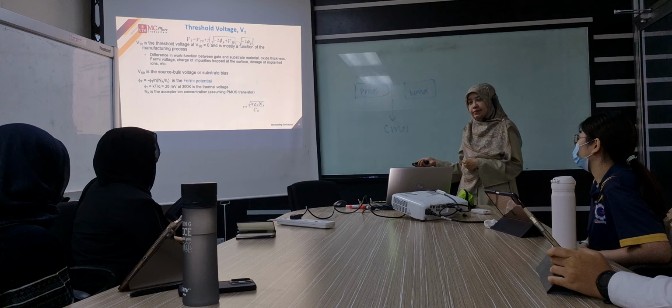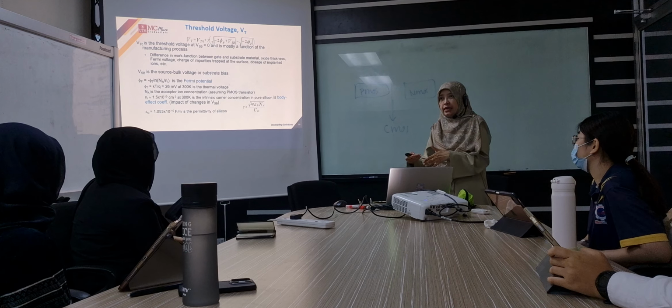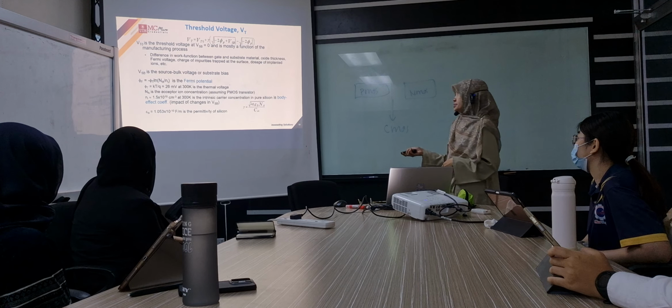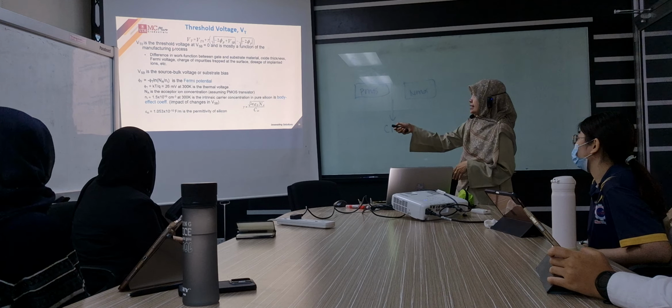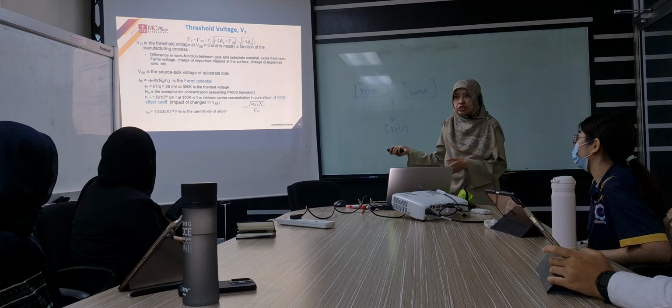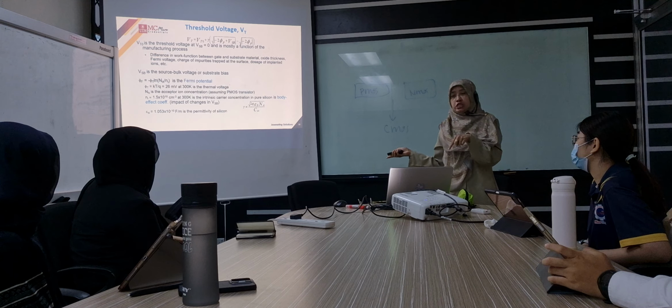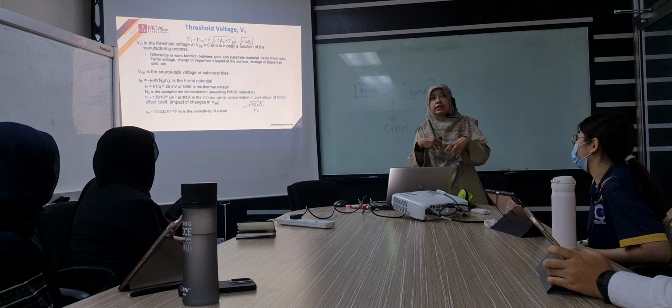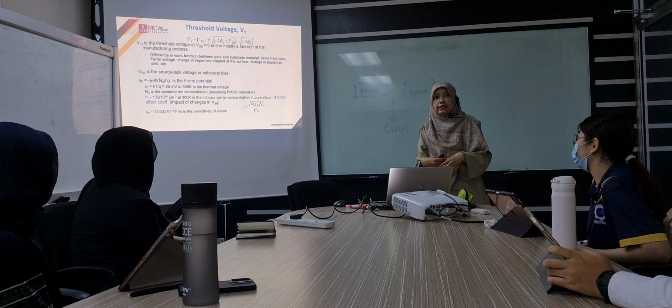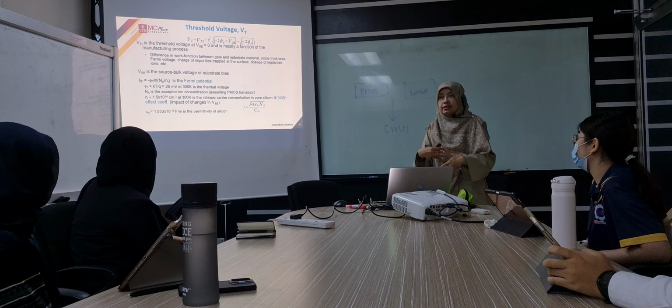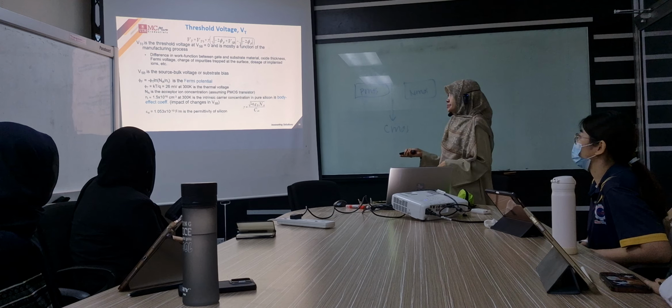Then you can see the movement of current conduction from linear to saturation, depending on how much you apply to the gate voltage. Basically, these are the SPICE equations for finding the threshold voltage. But for this training, we will apply the information from the SPICE model and then do the analysis for the MOSFET.